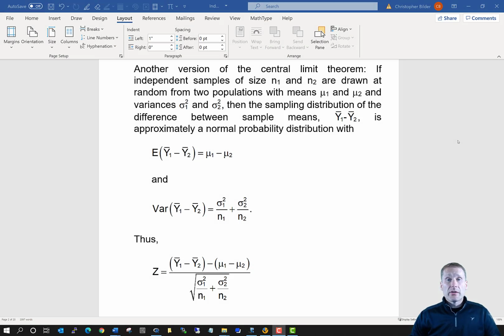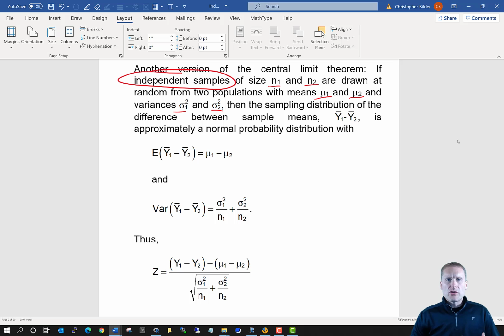Now we can use another form of the central limit theorem to help us to make inferences from the samples to the population. So in this particular setting, let's suppose that we have independent samples from the two populations. The samples are size n1 and n2. And these two populations have population means of mu1 and mu2, variances of sigma 1 squared and sigma 2 squared.